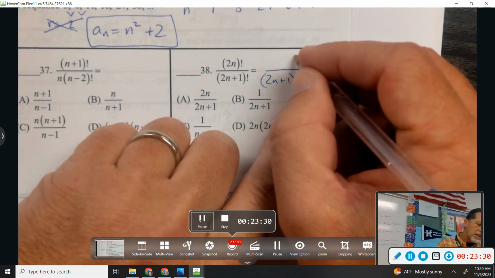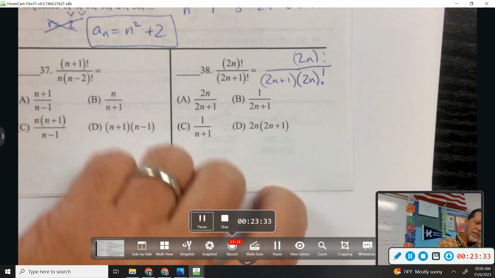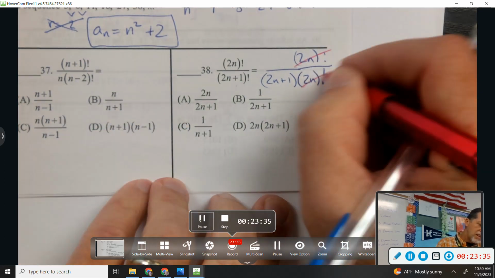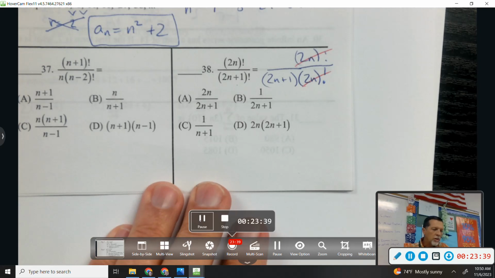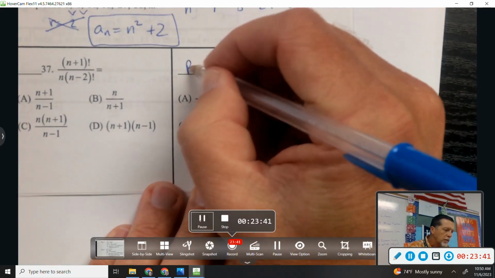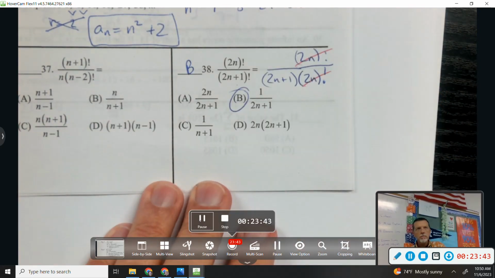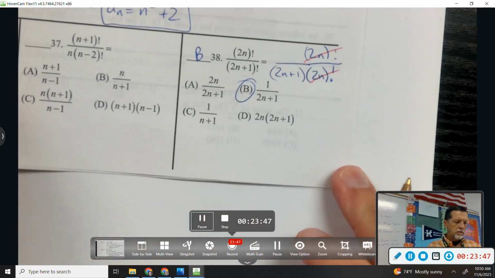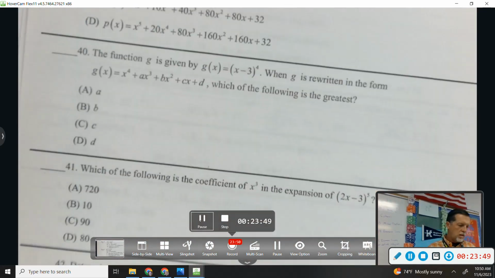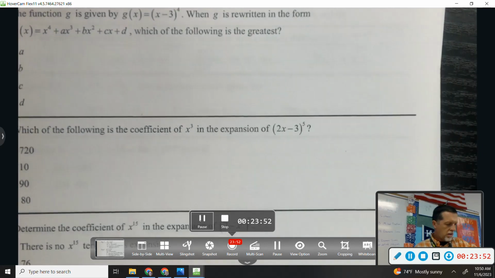Because that's what the top is. So the 2n factorials can cancel, and I'm left with 1 over 2n plus 1. 41, and then we're done.